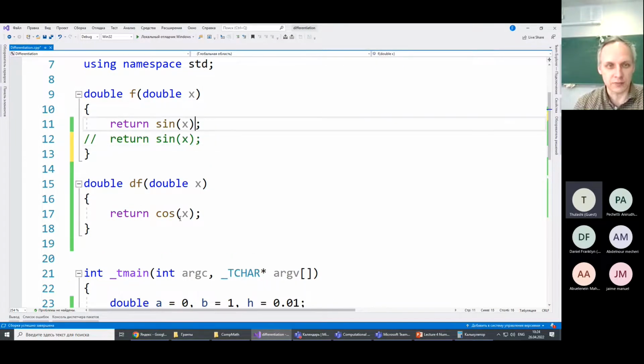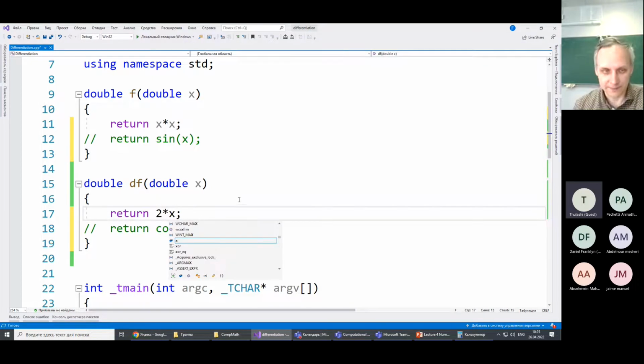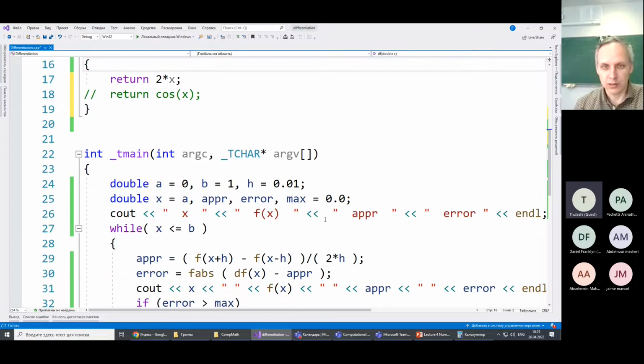But if we select the test function x squared, x times x, df in this case will be 2x, right?